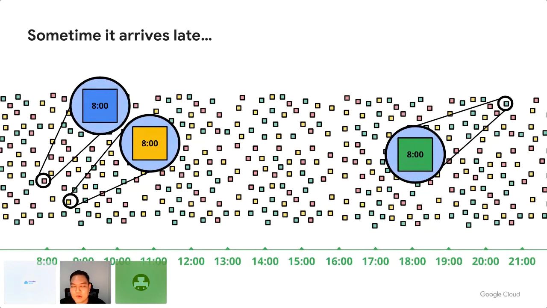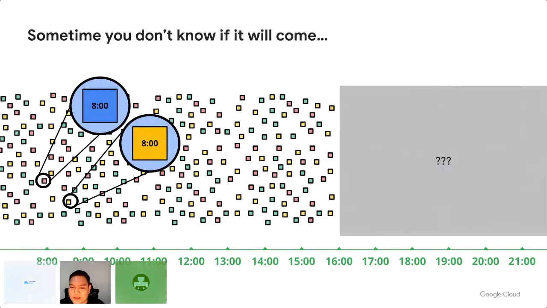How do we know about this kind of delay, and how do we mitigate it? Sometimes we don't even know whether the delayed data will arrive, or if there is any delayed data in the pipeline. Streaming data comes with these kinds of challenges, and we have to find ways to solve them in order to process the stream in real time.